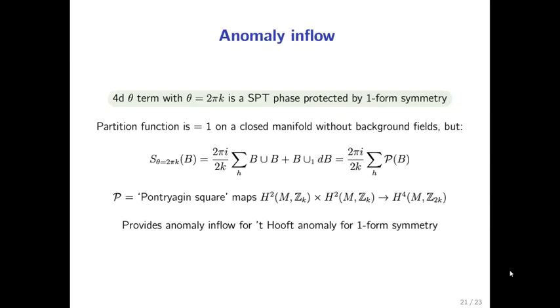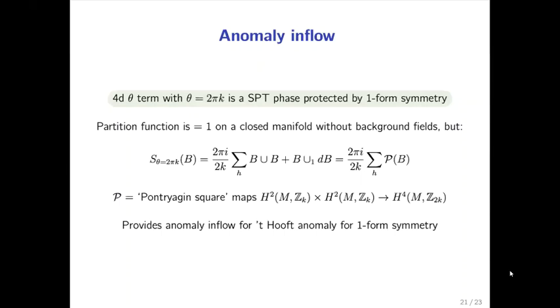So this Pontryagin square takes B, which is a two-form, so an element of H2 cohomology with Z_K coefficients because it's a Z_K symmetry, and it squares it and gives you an element of H4 with Z_2K coefficients.